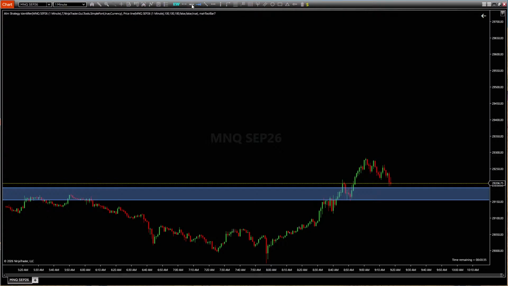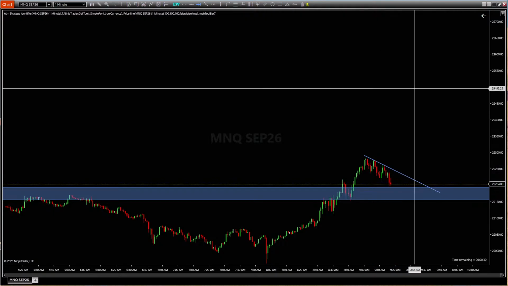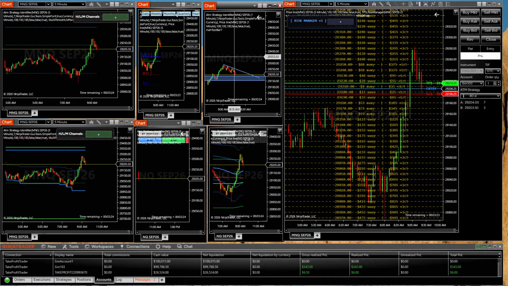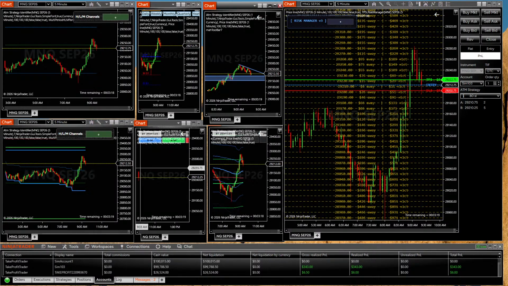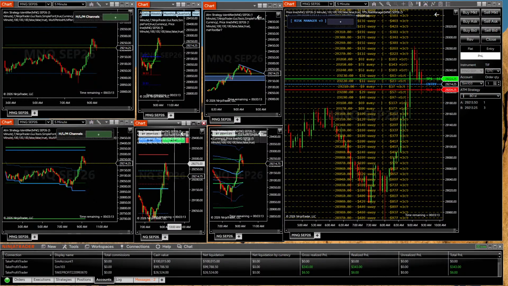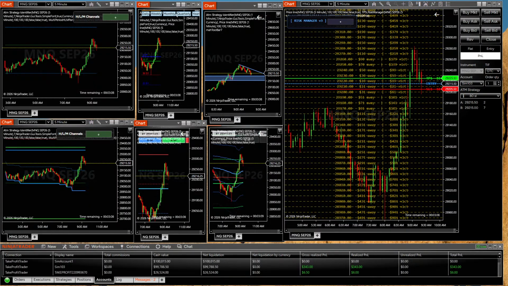We can get something to clear this, and then we'll look for some confluences here. So that 250 area.